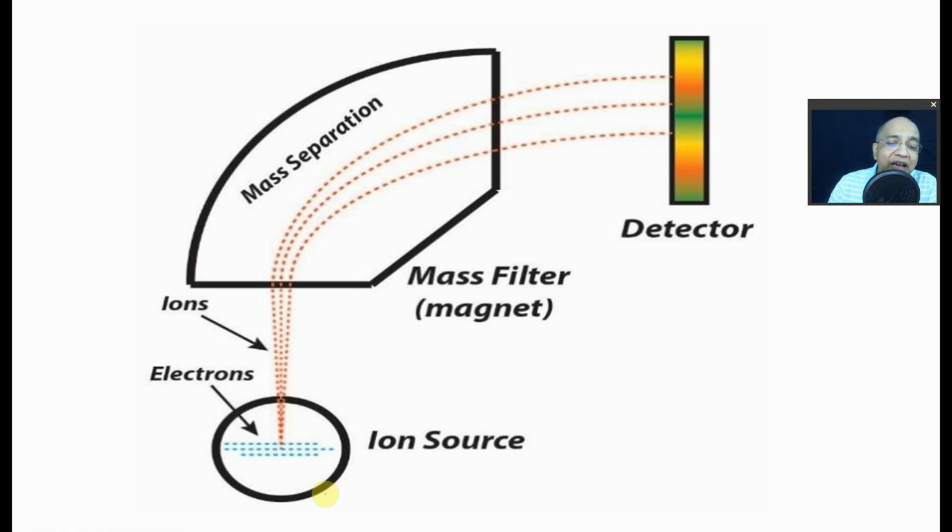Now this is the ionization chamber, where electron impact, called electron impact EI, hits and goes away, converting atoms into positive ions. Different types of isotopes will have different masses.